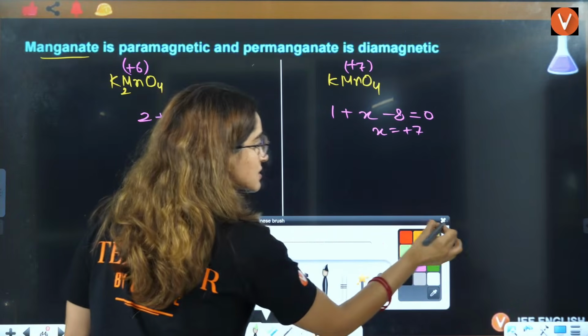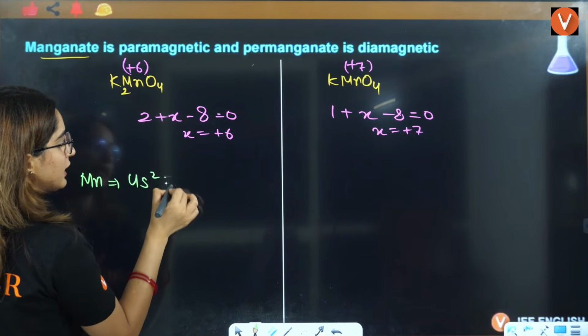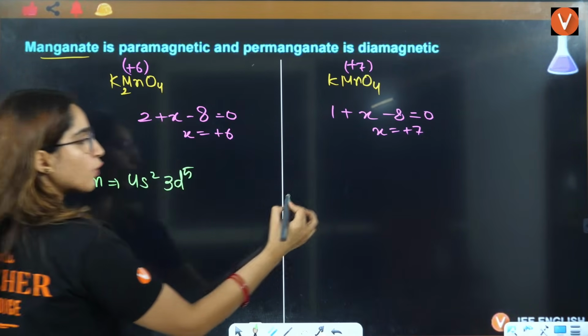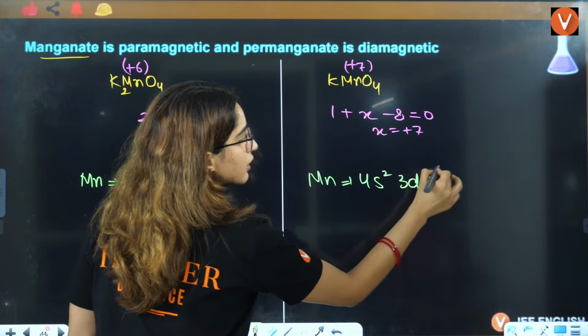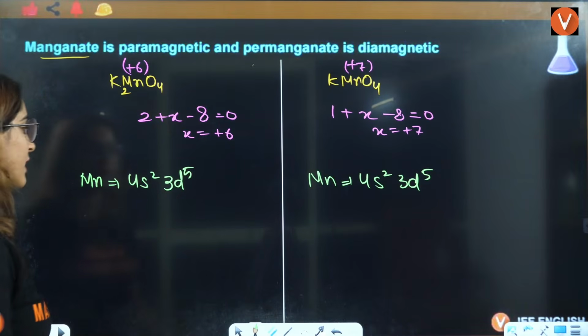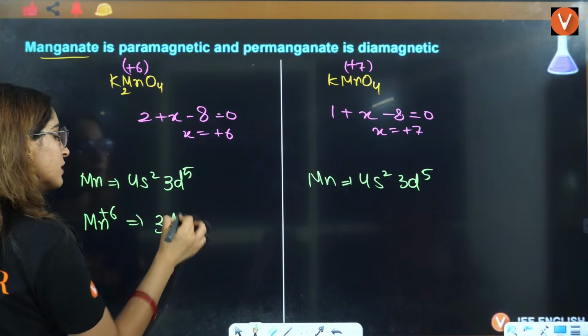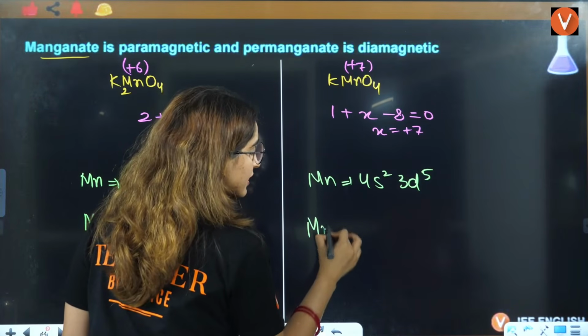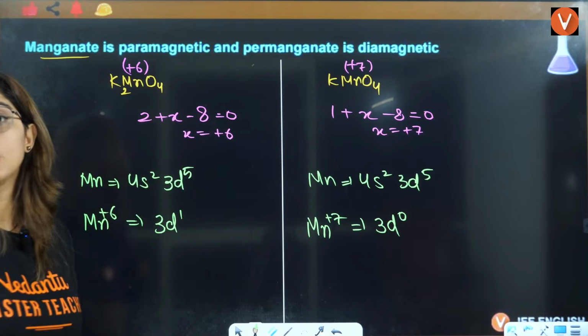Now manganese is 4s2 3d5. Here also you can write the same thing, 4s2 3d5. When you take out 6 electrons here, you will be left with 3d1. And when you take out 7 electrons here, you will be left with 3d0, which has no electrons.